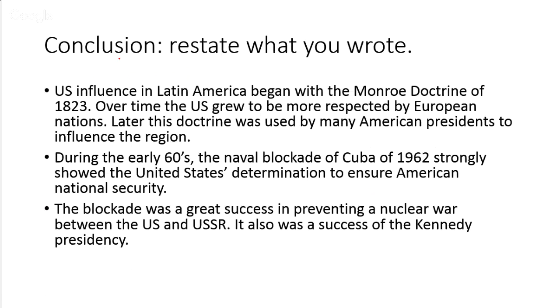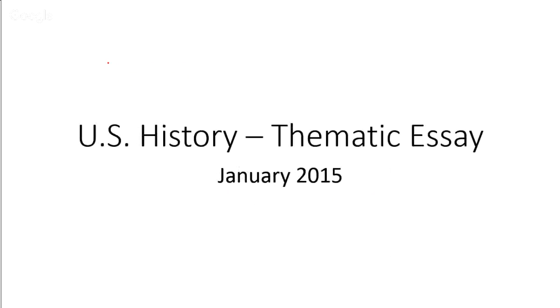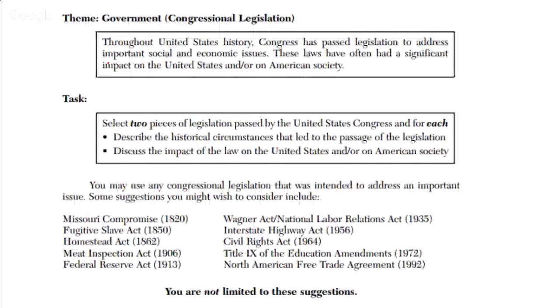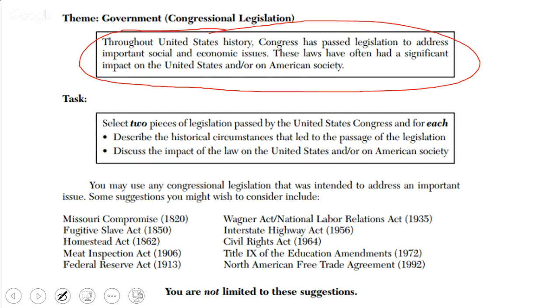And the next one is January 2015, and this one is so different. This one's theme is about the government, and they're talking about congressional legislation. So again, you need to read the information in the box.